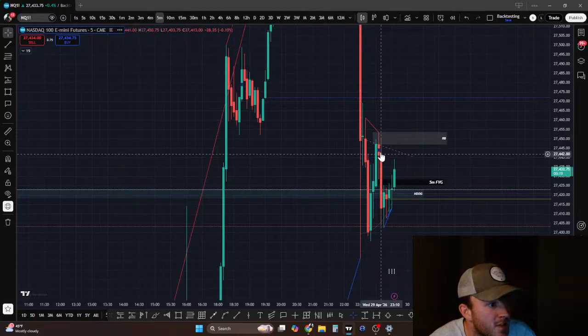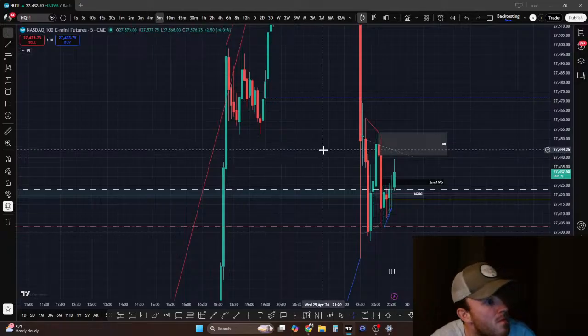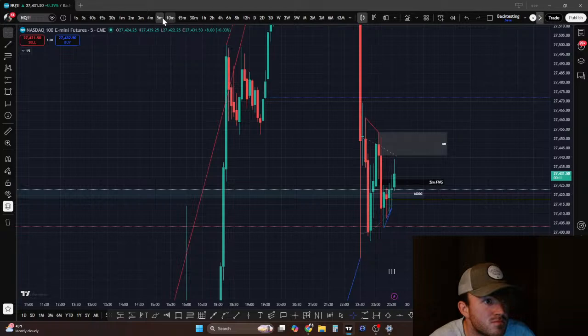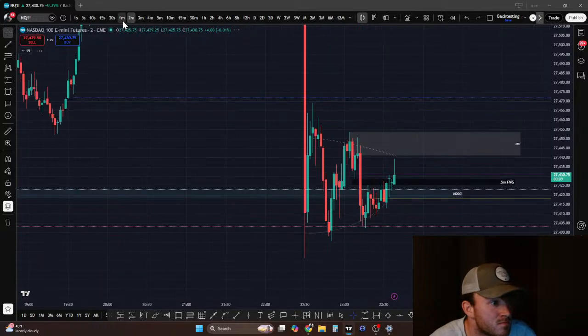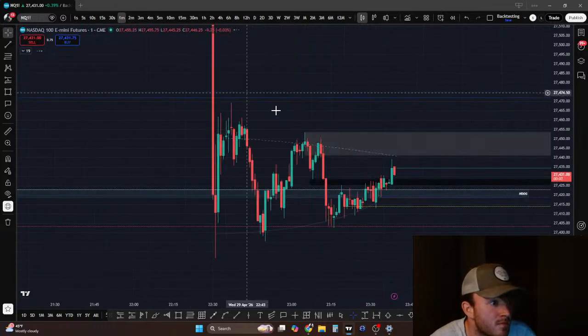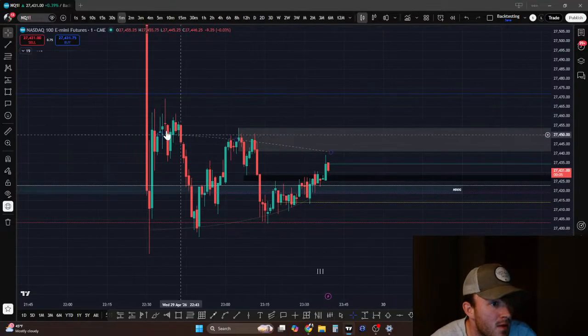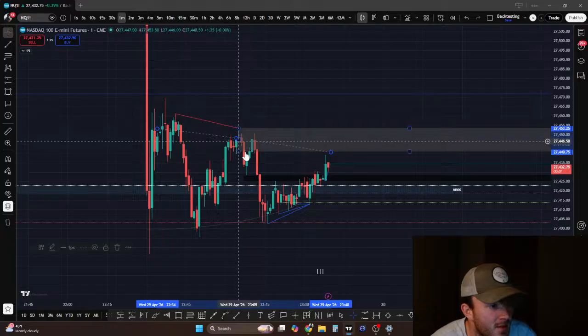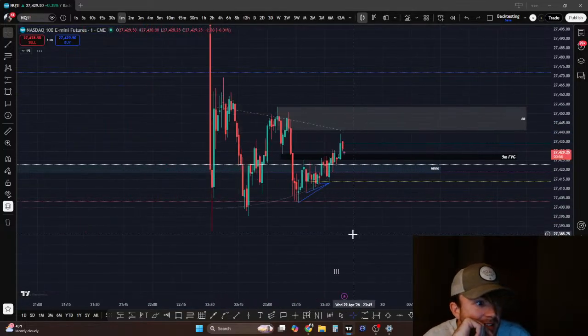Maybe you want to mark out the rejection block like this. I don't know. Yeah, what are you guys thinking? You guys want longs?